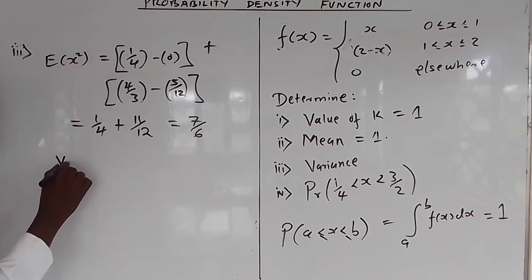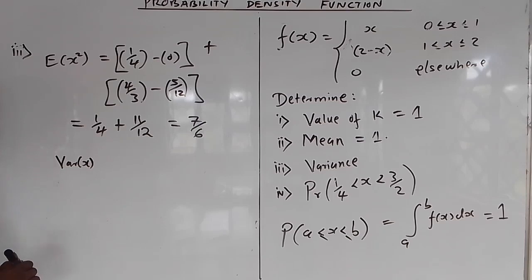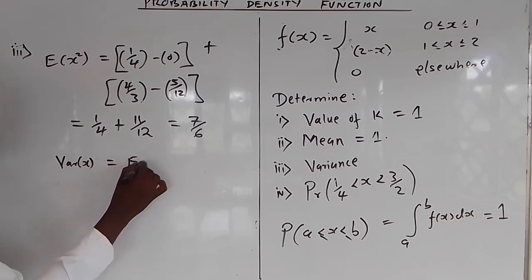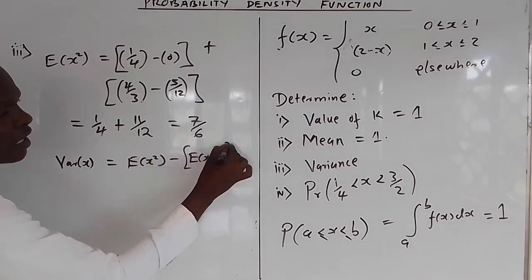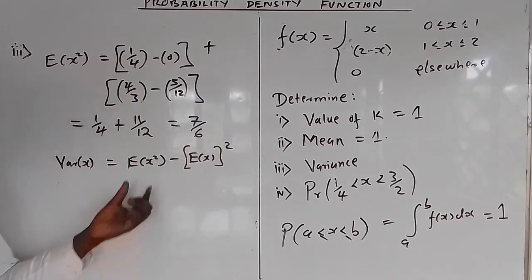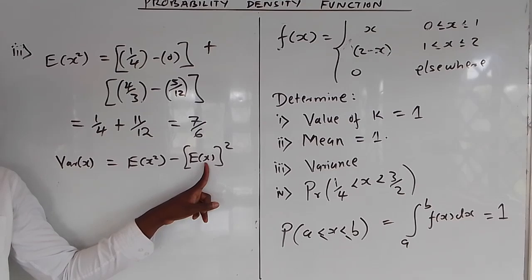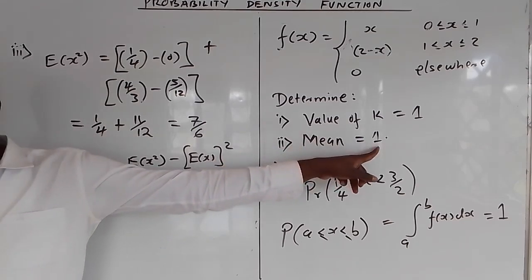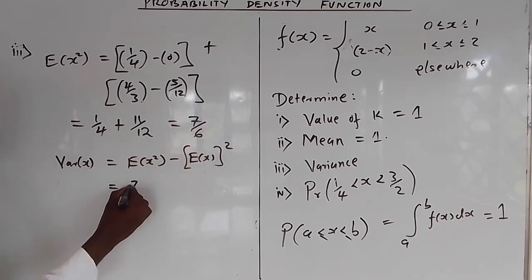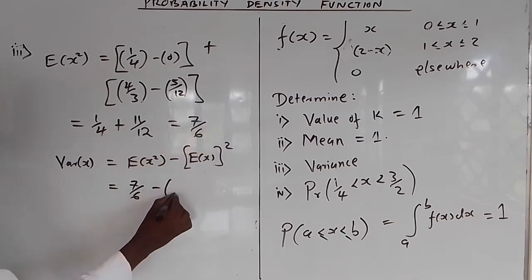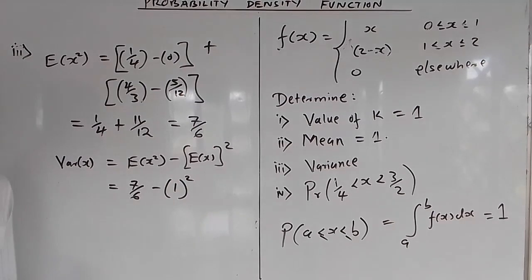But what are we looking for? The variance of x. We have seen the variance is the expected value of x squared minus the mean squared. And what did you get to be the mean? 1. So start substituting. The expected value of x squared you found is 7 over 6, then minus the mean squared, 1 squared. You get the answer to be 1 over 6.